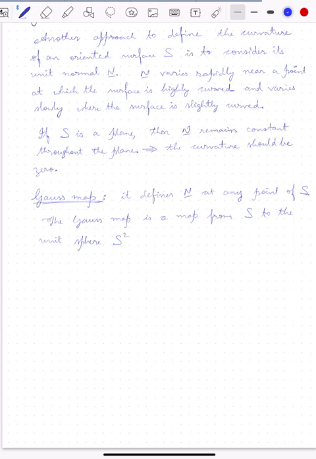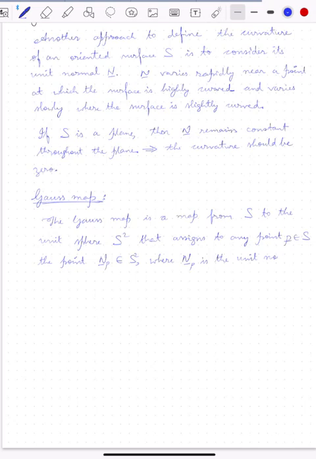S2, that assigns to any point P, which is an element of S, the point n vector p, which is an element in S2, where np is the unit normal of S at p.